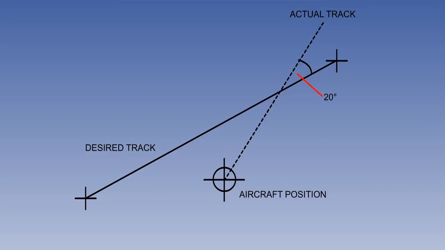It is the difference between the desired track angle and the track angle you are flying at the time. Your actual track angle is the combination of your heading and your drift. If you are following the INS steer, the desired track angle and the actual track angle should be the same. However, if you have had to deviate from following the steers, again, possibly because of a mandatory air traffic control instruction, the two will not be the same. The difference is known as track error angle.